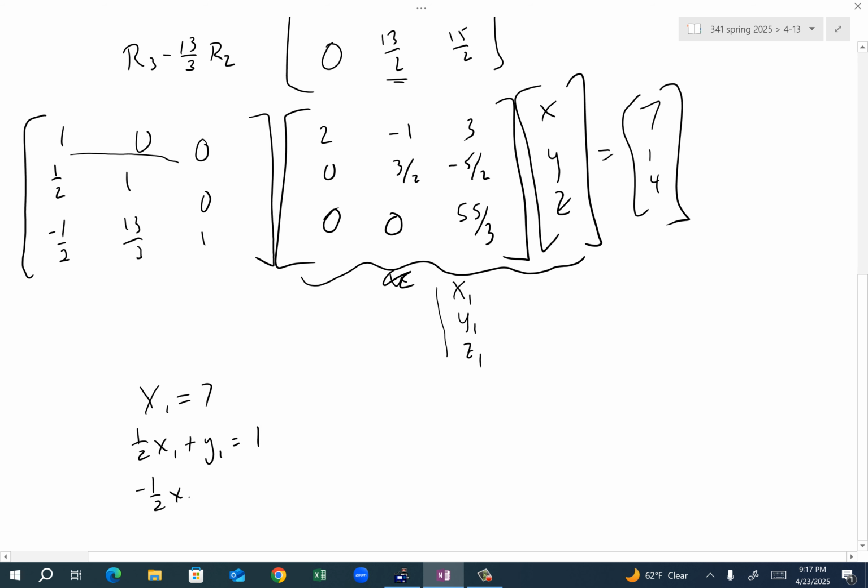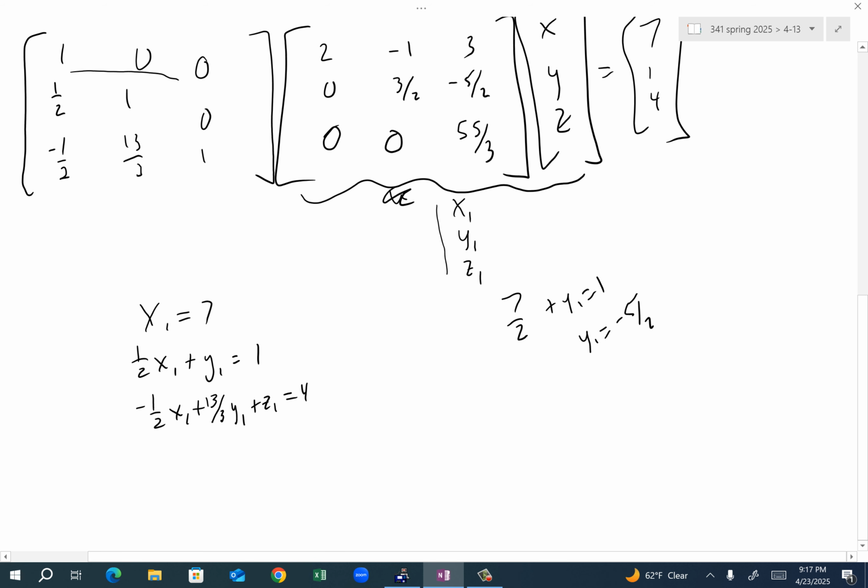Negative a half x1 plus 13 thirds y1 plus z1 equals 4. So if you plug it in, you're going to get 7 halves plus y1 equals 1, which is 2 halves. So y1 is negative 5 halves. And then if you plug them in, you're going to get negative 7 halves.